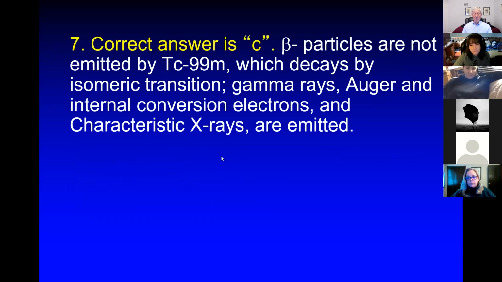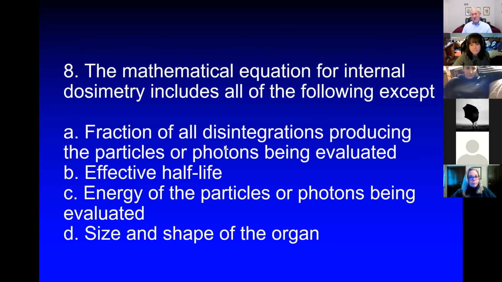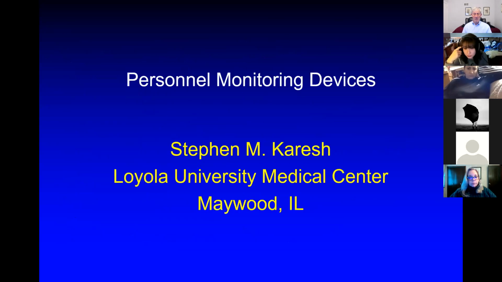All the rest are. Number 8, the mathematical equation that we looked at earlier includes all of the following except which one? Let's go down the list. Fraction is included. Effective half-life included. The energy included. Size and shape of the organ, we don't account for that, not directly anyway.